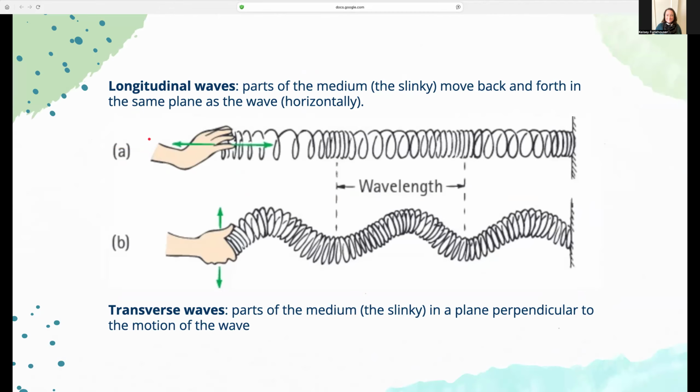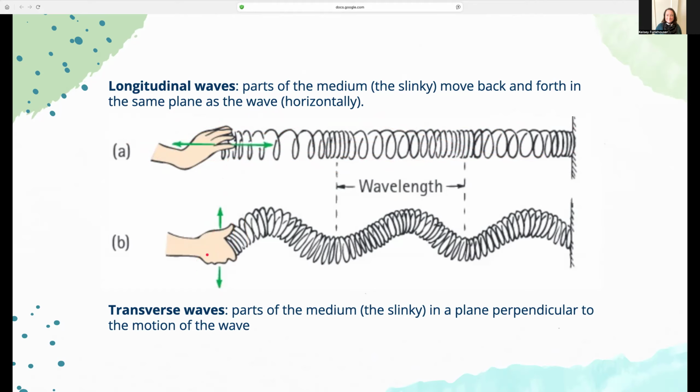In this example, the wave is moving horizontally, and so are the parts of the material, the slinky. So they push the slinky back and forth, and that sends a wave through the slinky. That is a longitudinal wave: the wave is generated by that back and forth motion.